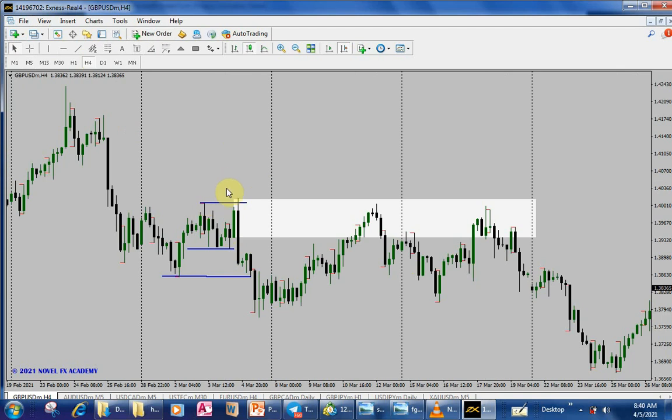Then secondly, that OB must break structure, high or low. This was the last low the price created here, and that OB broke that structure to the downside. Second characteristic met. Then that OB is a full body closed candle. Third characteristic is met.